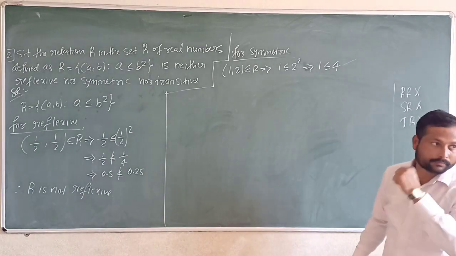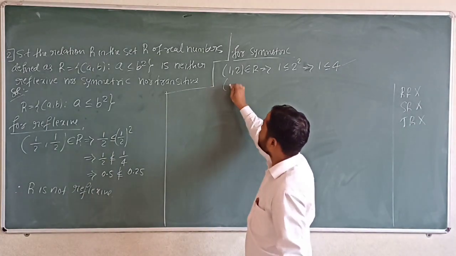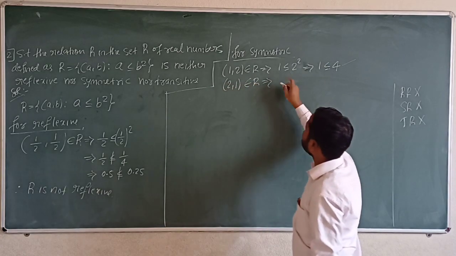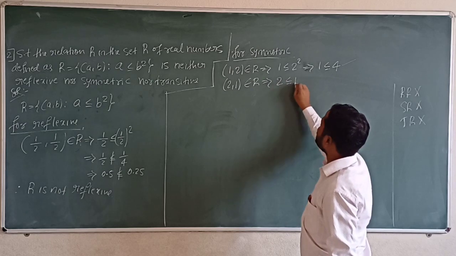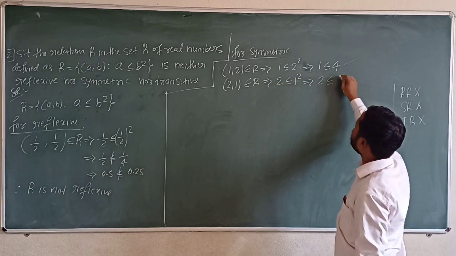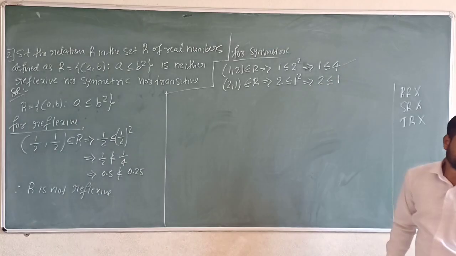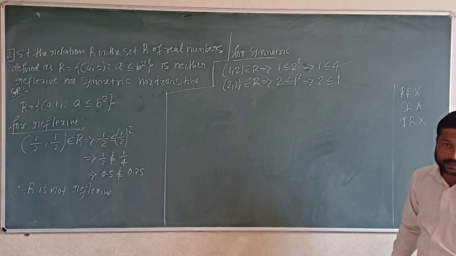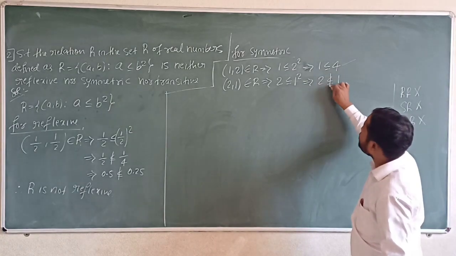Take the reverse now. (1,2) is over. Take this (2,1) belongs to R. It implies 2 is less than or equal to 1 square, which is 1. Think, man. Is 2 less than or equal to 1? The relation is not satisfied, the condition is wrong now.